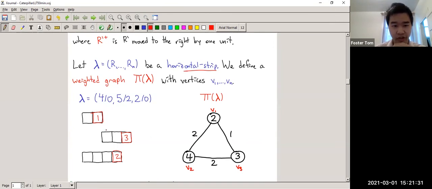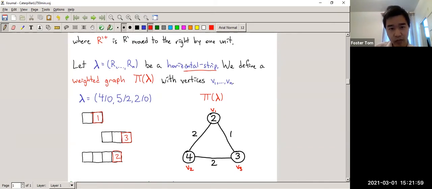Between v1 and v2, I can get 2 inversions. So that gives me this 2 here. Between v1 and v3, I can get 1 inversion between these rows, so that's this 1. And then finally with v2 and v3, I can have 2 inversions. So this is how I define a weighted graph corresponding to this tuple of rows.